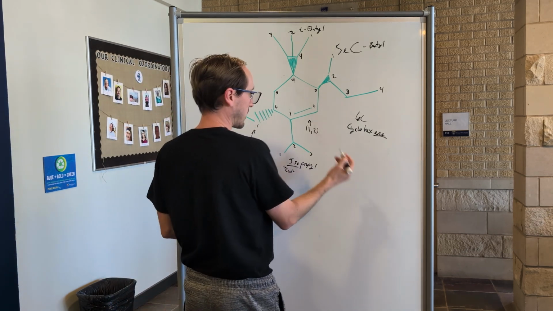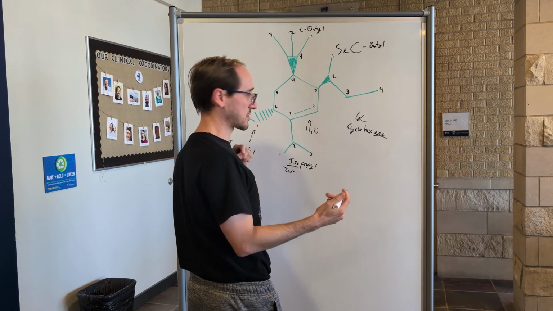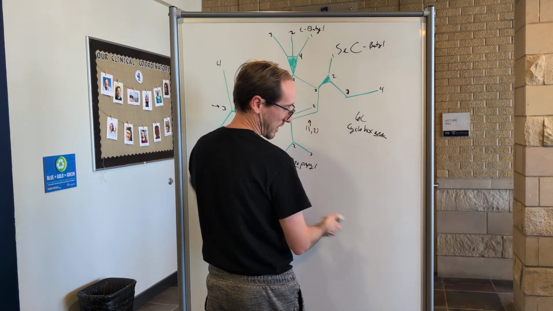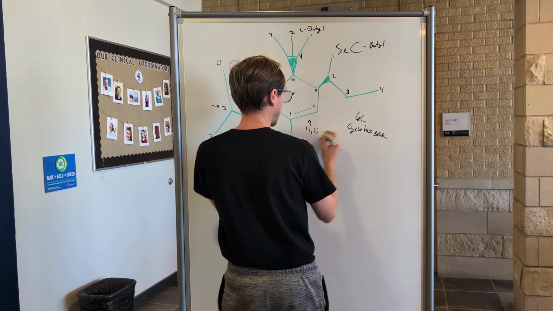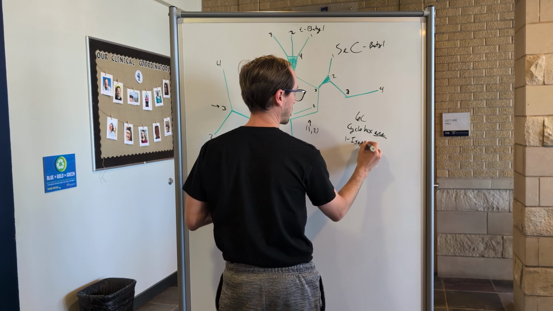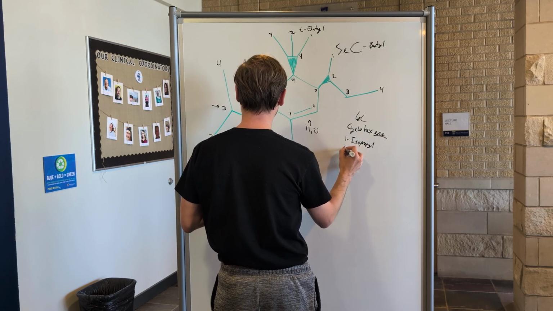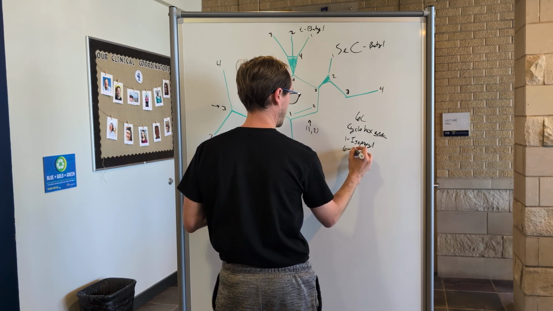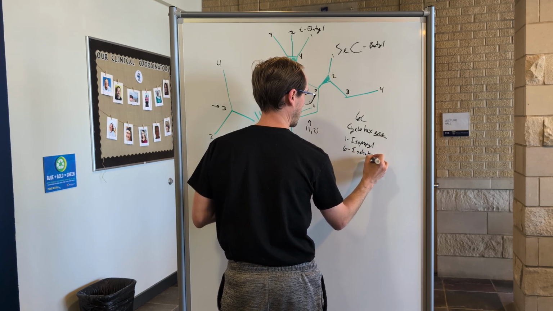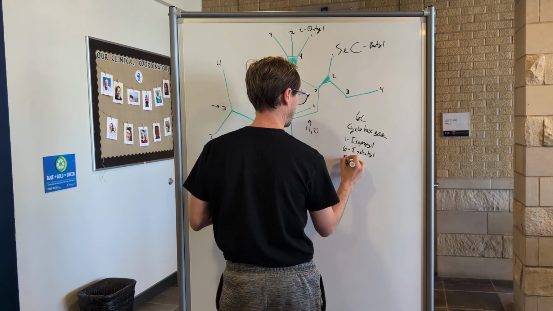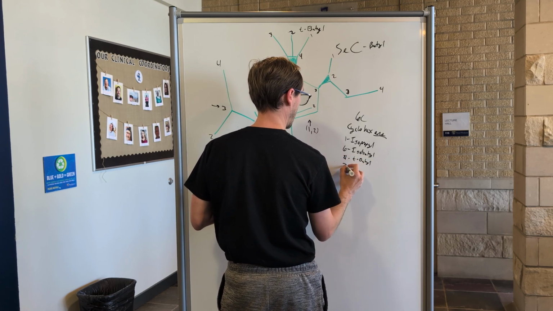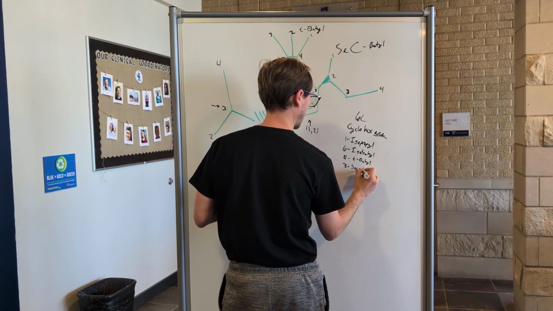So then I say, okay, let's number out my substituent groups, just so I have an idea of where they are. I'll write it out in order whenever I'm done, but I'm just gonna write out where they are. So 1 isopropyl, 6 isobutyl, 4 T-butyl, and 3 sec-butyl.